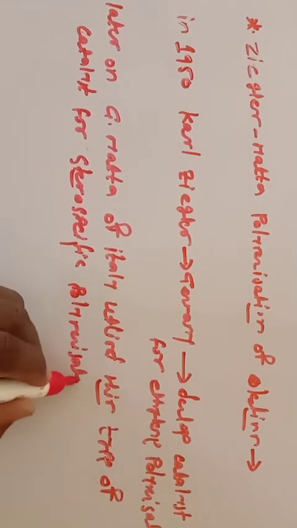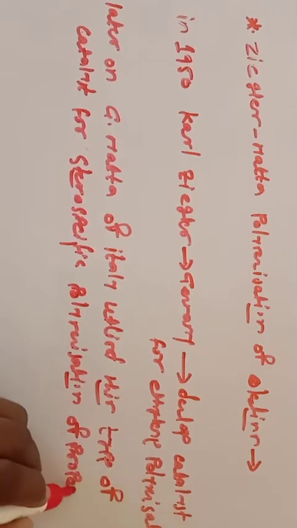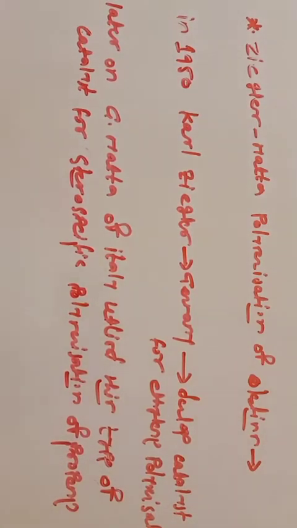So Carl Ziegler from Germany developed the catalyst for ethylene polymerization, and later on Natta of Italy utilized this type of catalyst for stereospecific polymerization of propene and other alkenes.